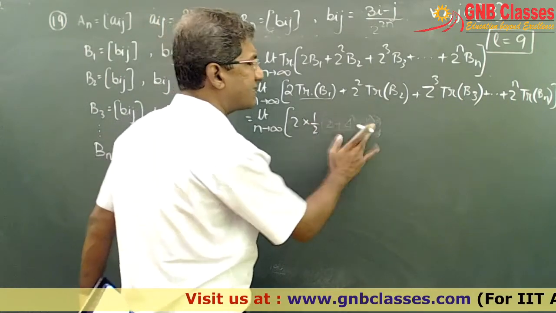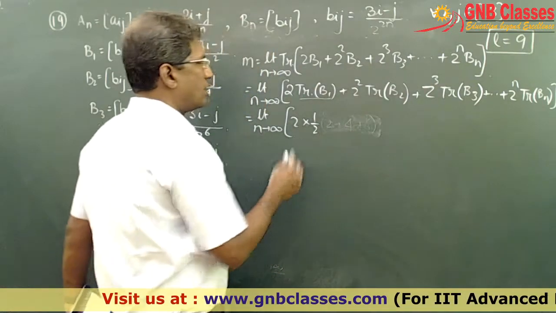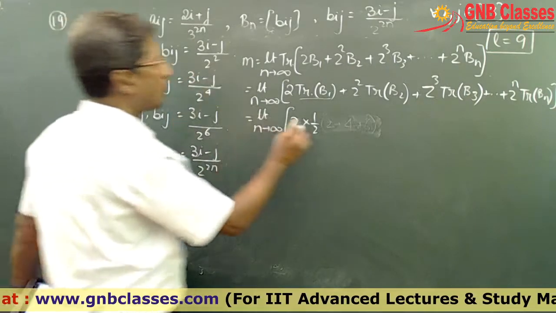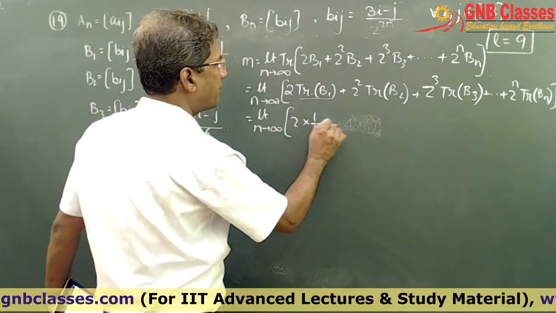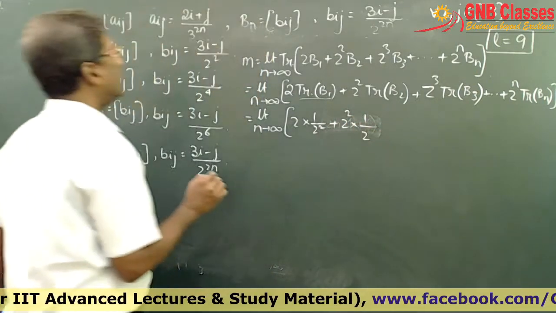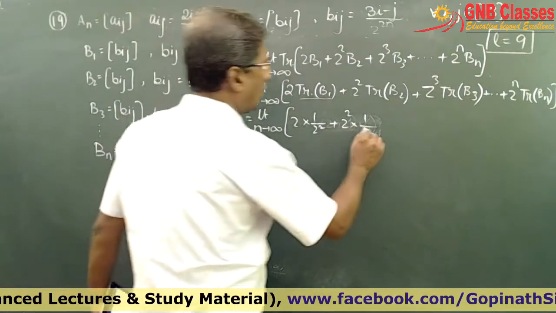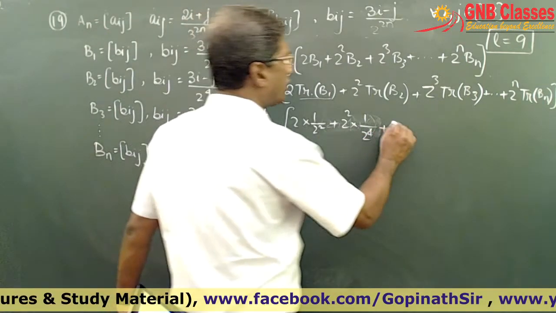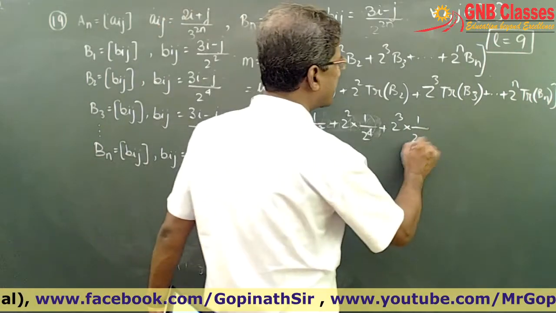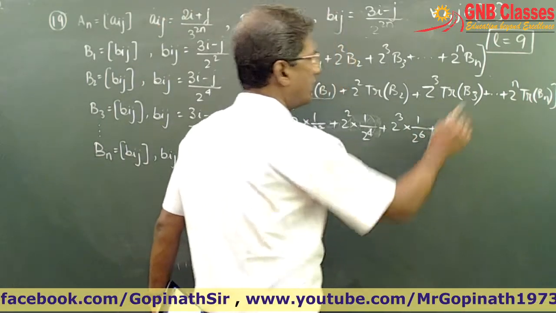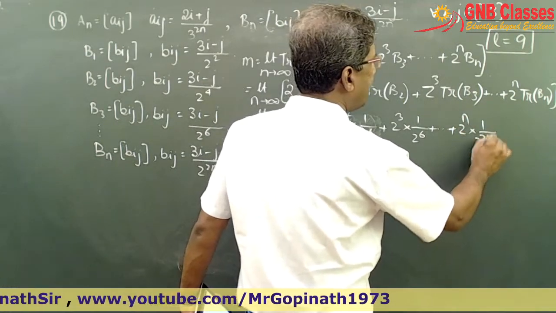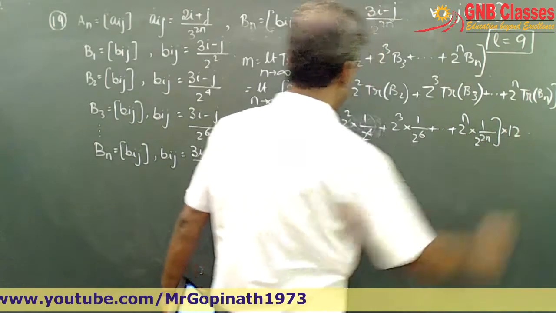I will take it common. So it will be only 2 into 1 by 2 square, plus for the second one, 2 square into 1 by 2 to the power 4. Then 2 cube into 1 by 2 to the power 6, plus this thing goes on, and the last one will be 2 to the power n into 1 by 2 to the power 2n, and outside I have taken 12 common.